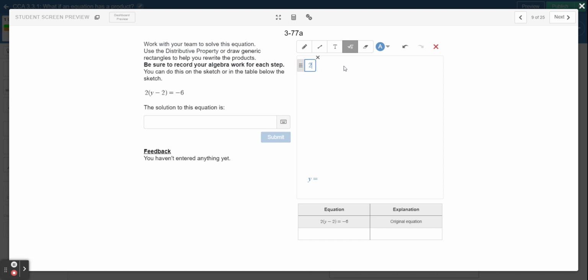So I'm going to use the sketch up here to show my work. I'm just going to start with this. And we're looking at this now because now you know better how to deal with this. You could use a rectangle, the distributive property, to just multiply this product, 2 times y minus 2.